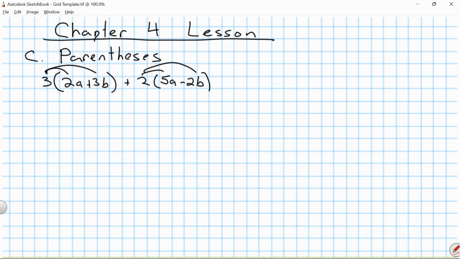Now the cat claw represents distribution. A property of multiplication is if you're multiplying a sum in parentheses like this, you can get rid of the parentheses by multiplying the number outside times both of the things that are being added inside. Now let's replace this with regular numbers so you can see that this makes sense. If I were doing 5 plus 1, I'm going to draw this with unit blocks.